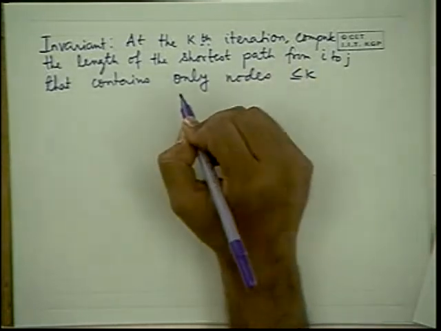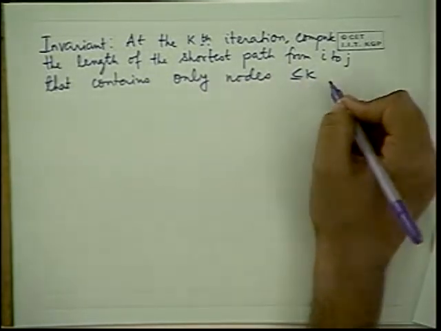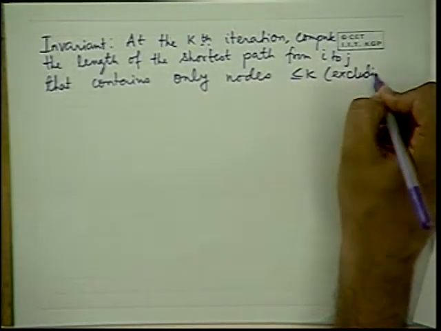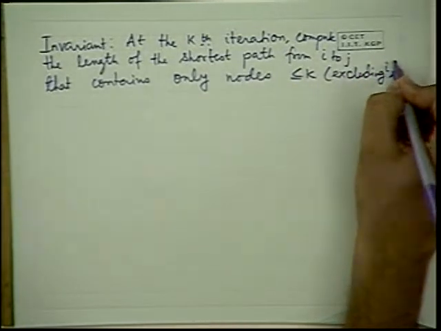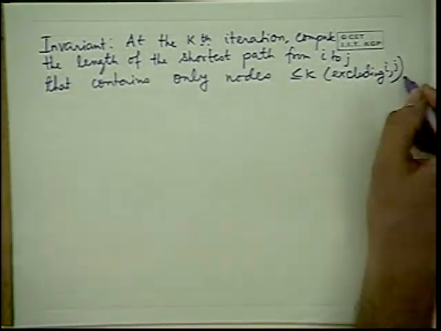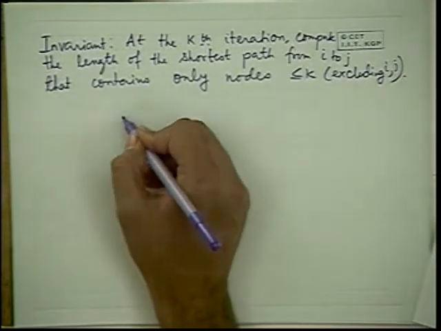Only nodes less than equal to k means whose indices are less than equal to k, excluding I and j. So this is the invariant which we will maintain, and we have already seen what to do.